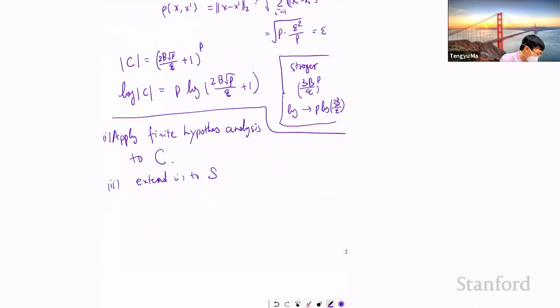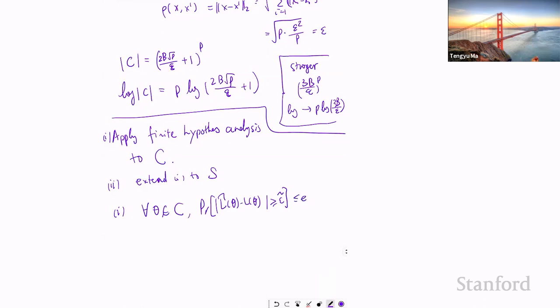Okay, so now the first step should be trivial because we already proved it. For step 1, you do it for every fixed theta in C. Then the probability that this is larger than epsilon, if you use Hoeffding's inequality, let's call it epsilon tilde, because this epsilon tilde will be tuned later to make the bound fit.